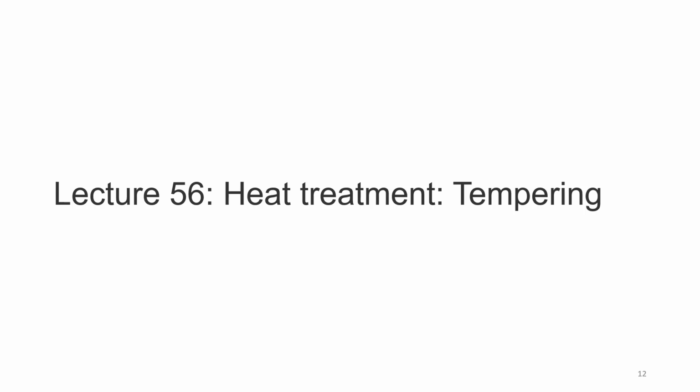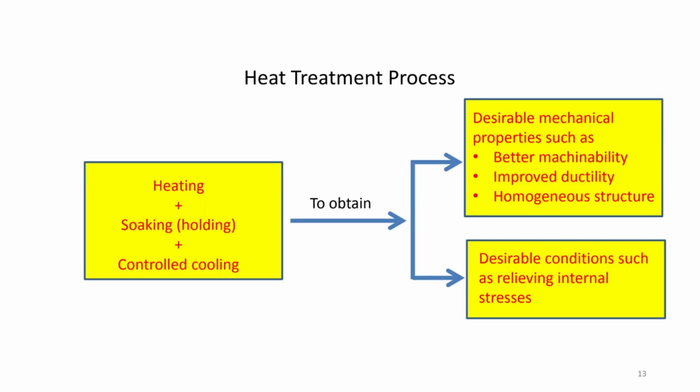Next is heat treatment and tempering. So this is how heat treatment is defined. Heat treatment consists of heating the steel part or any other metal first to a particular temperature, then holding it at that temperature for a particular time, which is also known as holding or soaking.